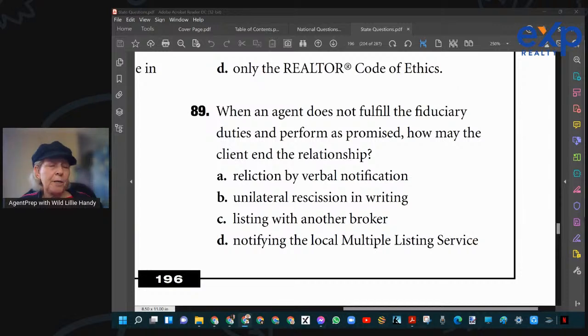The MLS board is the third party, a distant, non-involved third party. So it says, how may the client end the relationship? Again, real estate vocabulary, right?